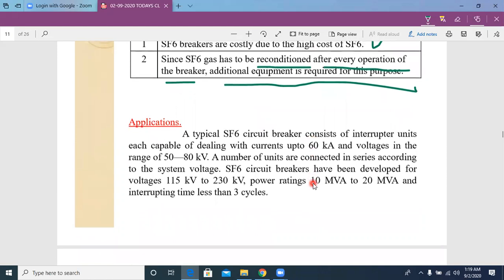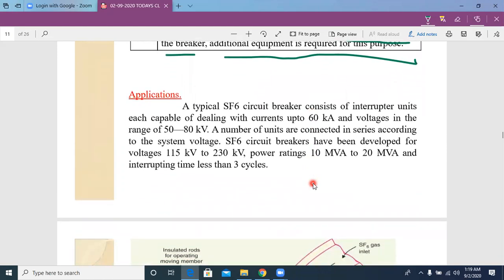Now we go to some applications where we can prefer SF6 gas. A typical SF6 circuit breaker consists of interrupter units, each capable of dealing with currents up to 60 kiloamperes and voltages in the range of 50 to 80 kV. Suppose we are going to build an SF6 circuit breaker.